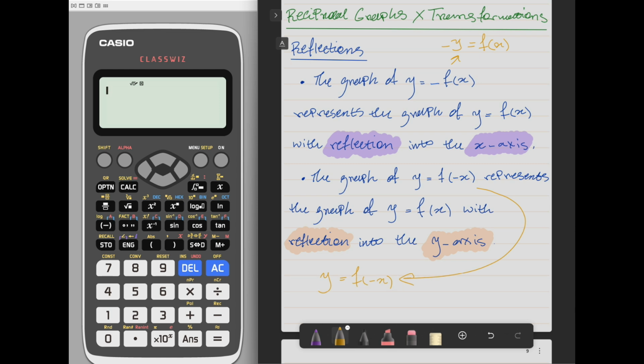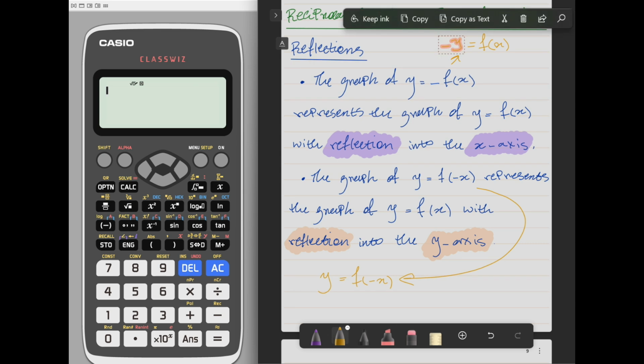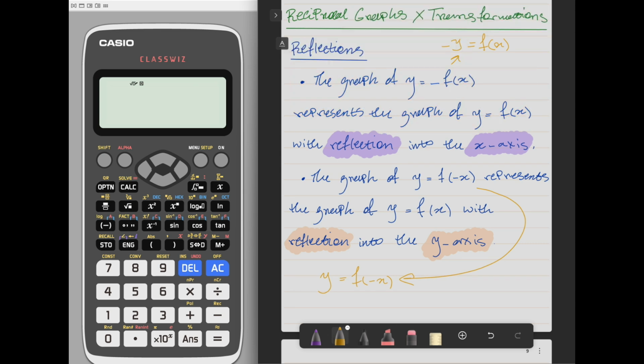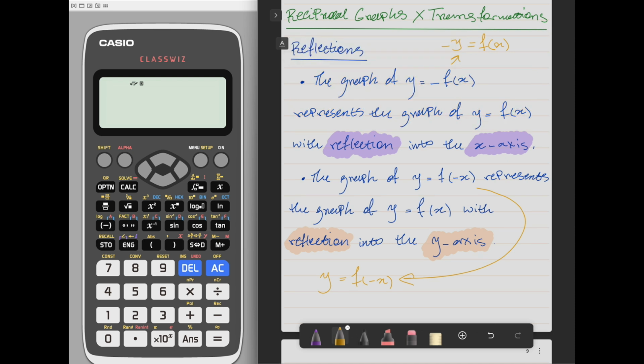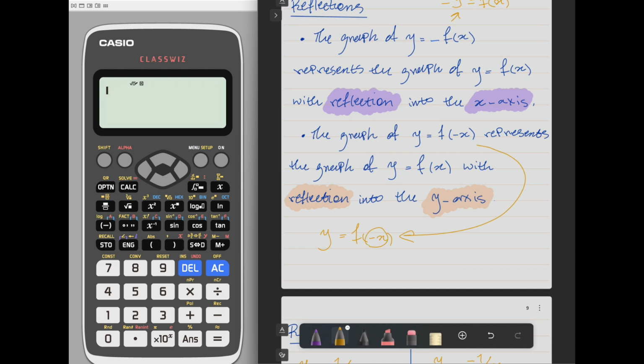Then you see that if the y is being affected by the minus, or let's say if the y is being inverted, then it is going to be a reflection into the x-axis. But if the x is going to be inverted or negated, doesn't matter, then it is going to be a reflection into the y-axis.